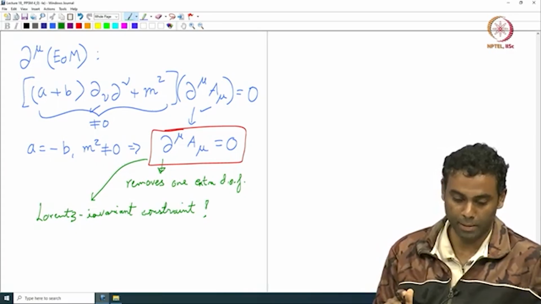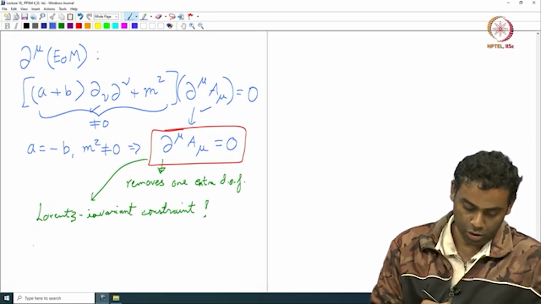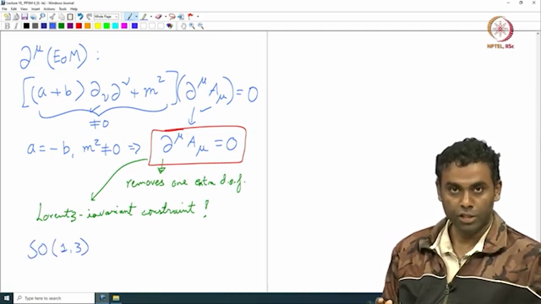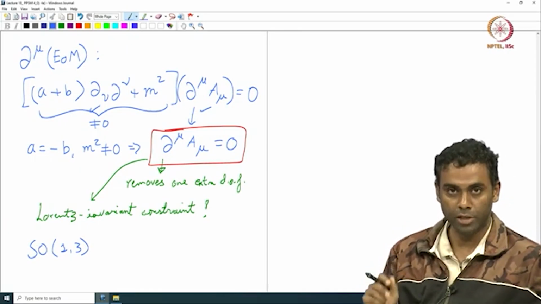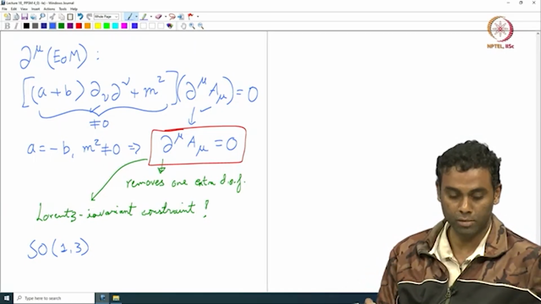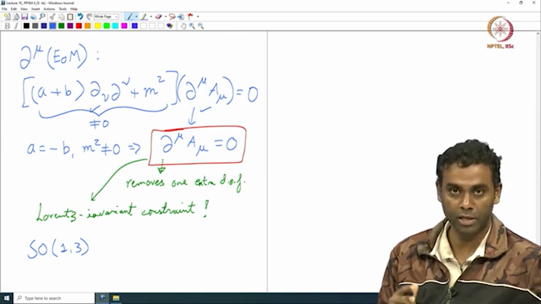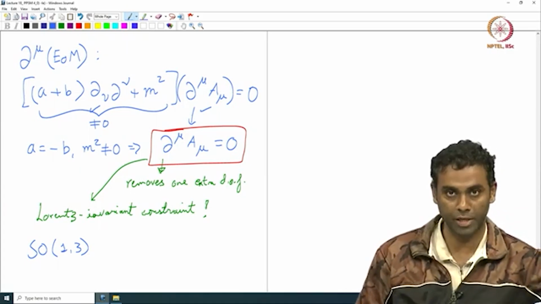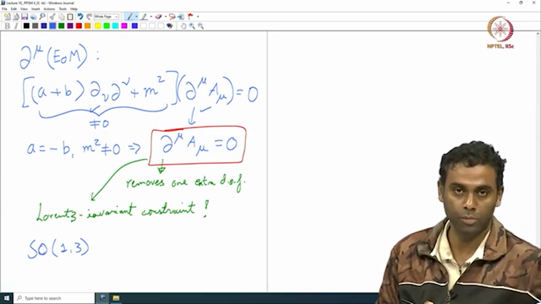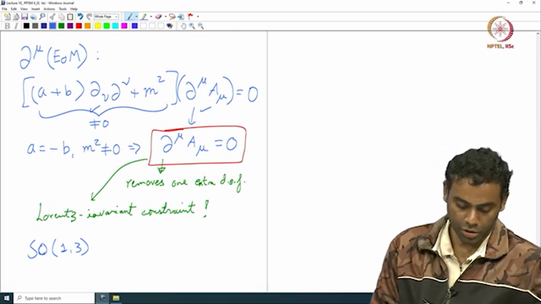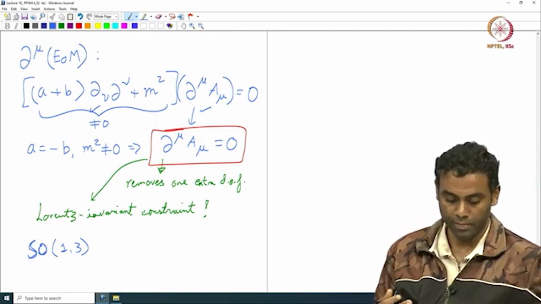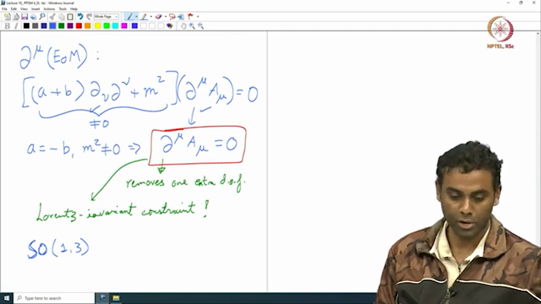Okay. So what do I mean by that? Remember that the Lorentz group, right, which gives you transformations on 4 vectors. The Lorentz group is an SO(1,3). Why 1, 3? 1 is for the time component and 3 is for the spatial components, right. So you do all these Minkowski transformations, correct, transformations on Minkowski space. So intuitively for 4 vectors you can see there are 4 degrees of freedom over here, right.